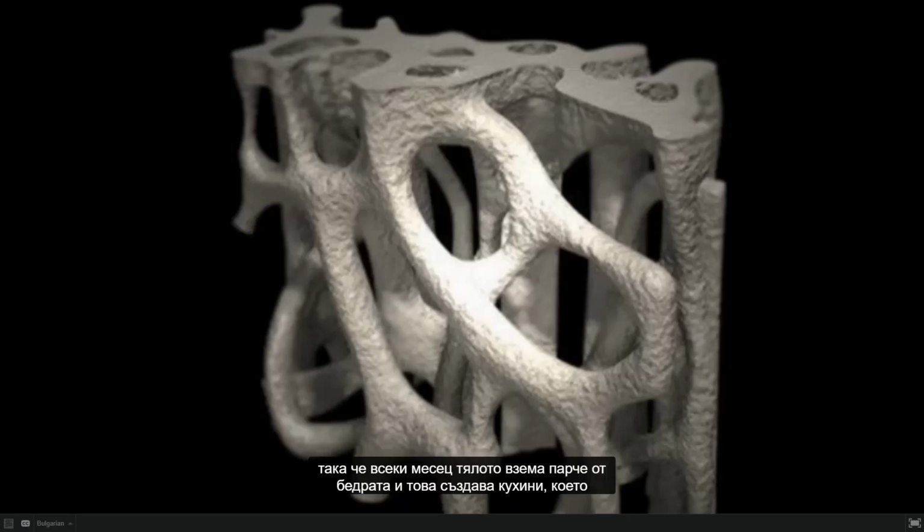So every month the body takes a piece out of the hip, and this creates cavities, this creates weaknesses. So these are the holes. These are what they call osteoporosis. This happens every time, and that's why men do not reproduce. Women do that in the womb.